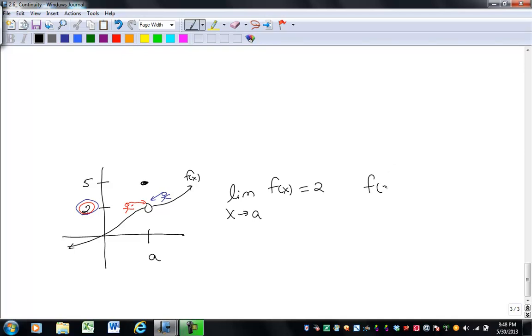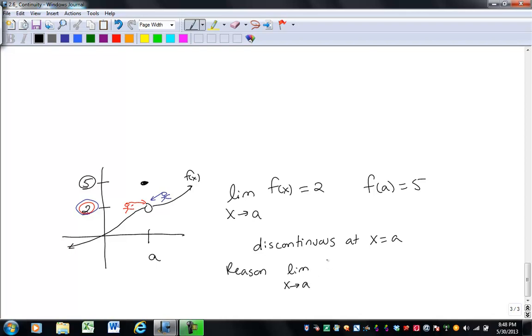But the actual y value at a is the number 5, because that's where the graph is shaded in. So this is discontinuous at x equals a. And the reason is because the y value and the limit aren't the same thing.